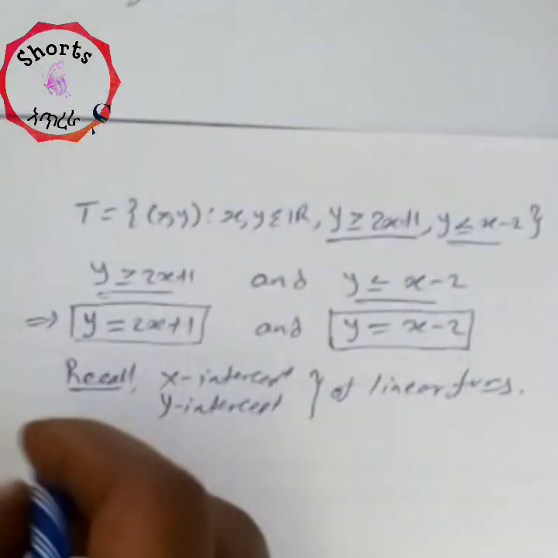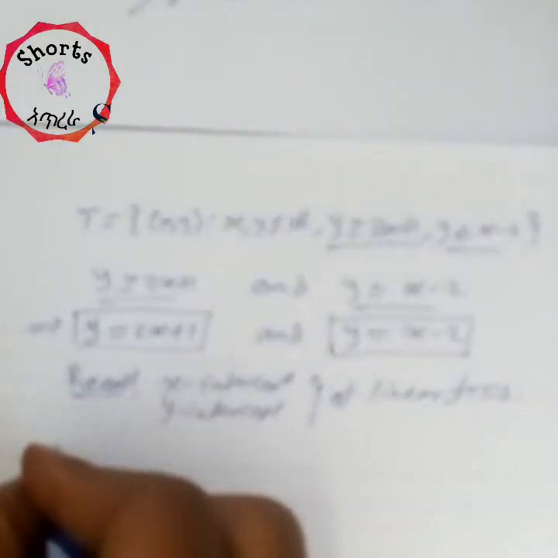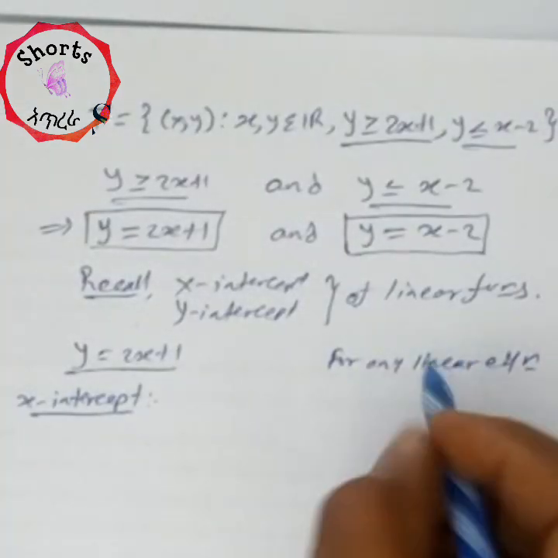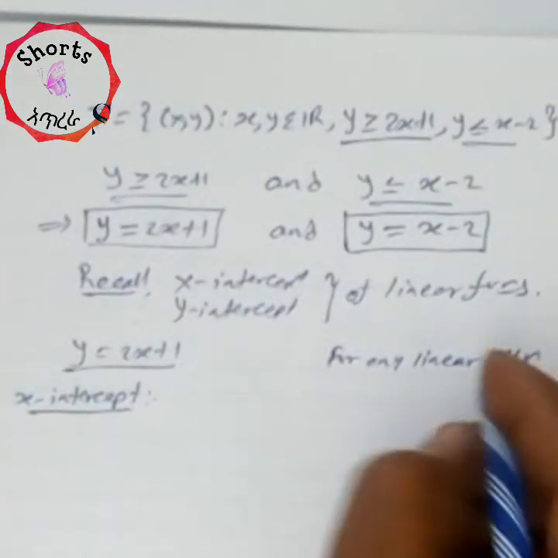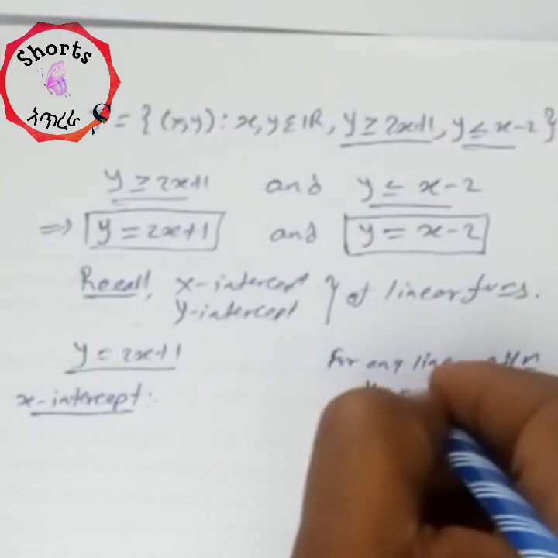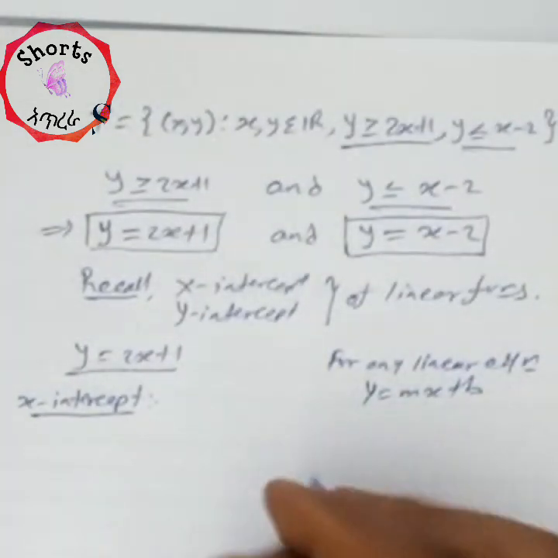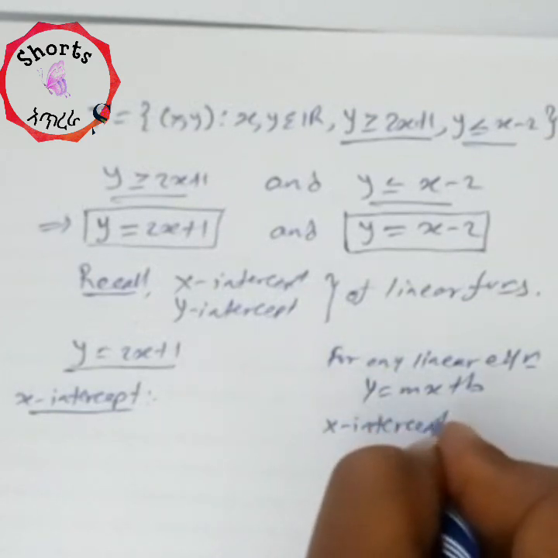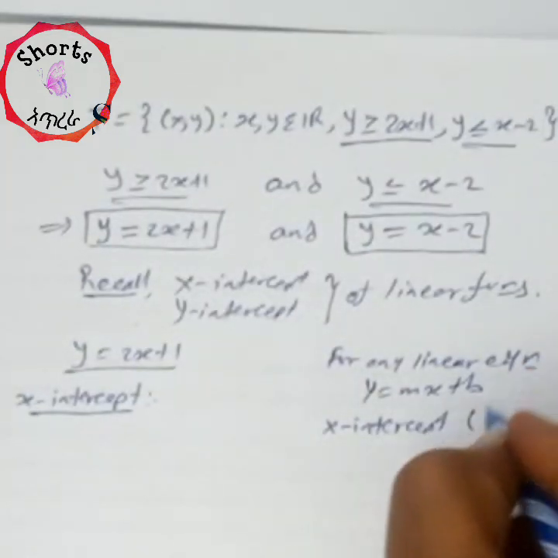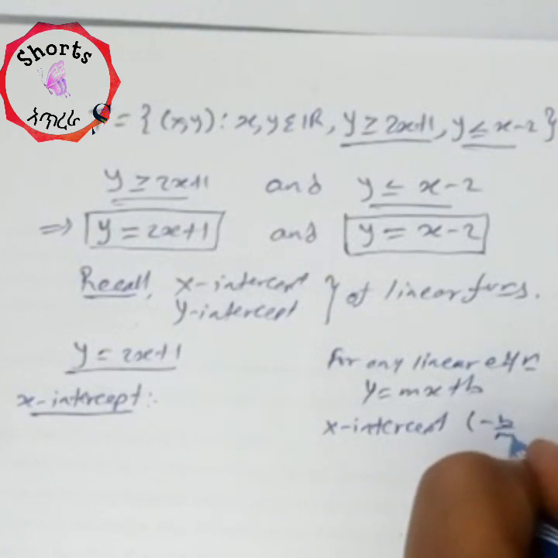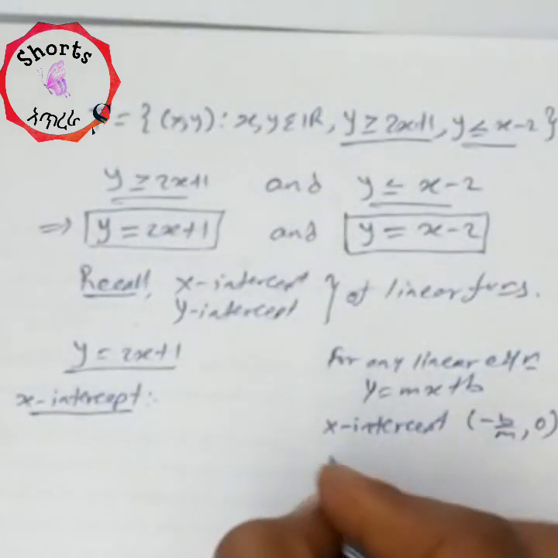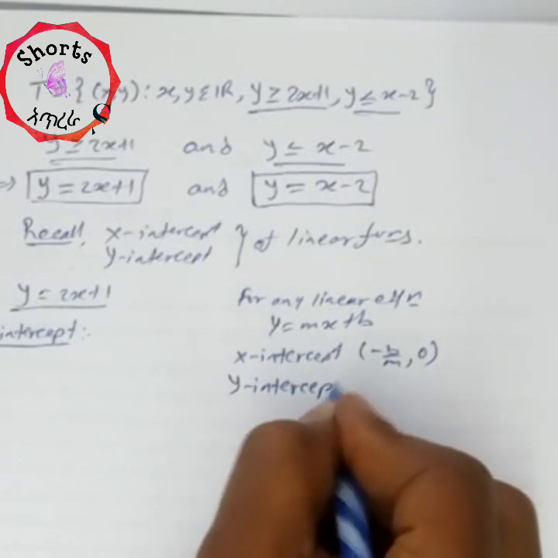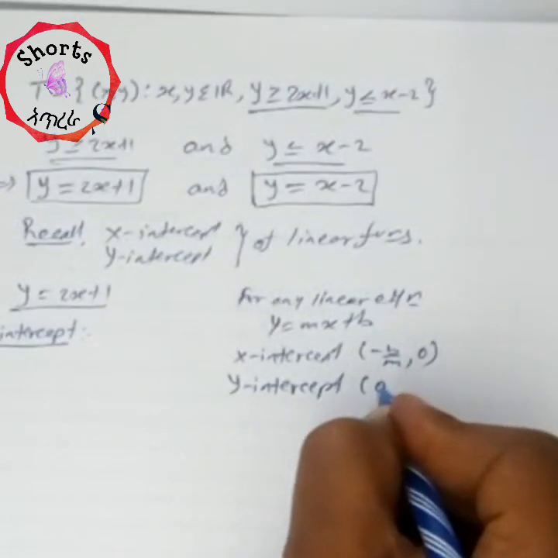Let us first sketch the graph of y equals 2x plus 1. For any linear equation y equals mx plus b, the x-intercept is (minus b over m, 0) and the y-intercept is (0, b).